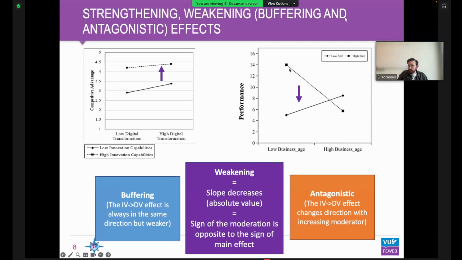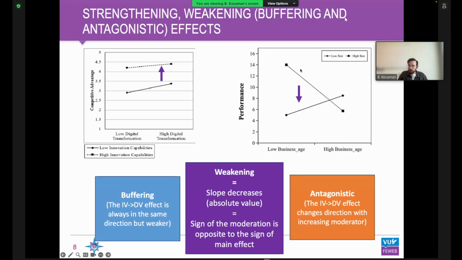So in the low size case, there is a negative relationship. When you have an older firm, the performance decreases if the firm is small. If the firm is big, then the higher the business age, so the older your firm is, the higher the performance.